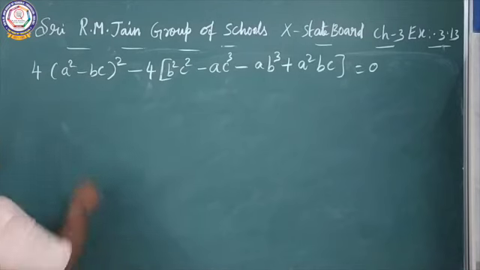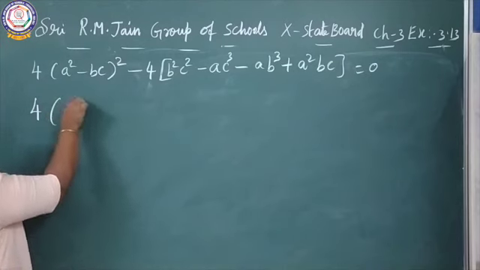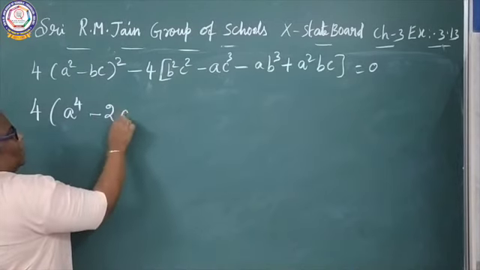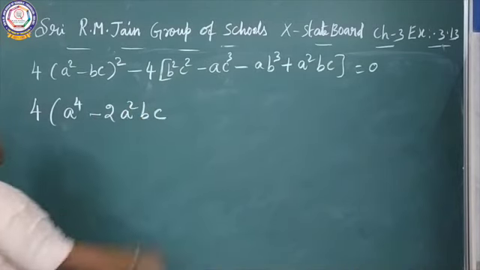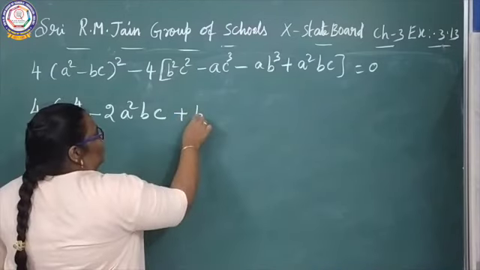See, 4 into (a minus b) the whole square. a square the whole square is nothing but what? a power 4 minus 2abc plus b square.